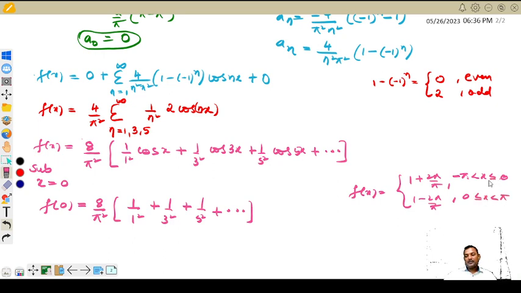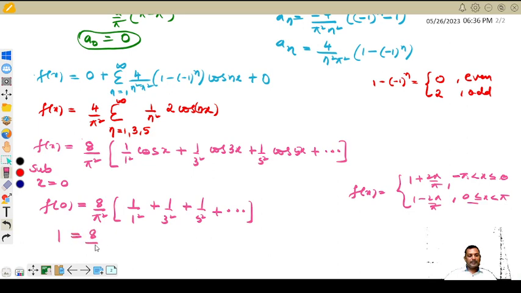So look at when x equal to 0, both conditions are valid, since the first condition is also valid and the second is also valid. You can take any one of these and substitute x equal to 0. You will get 1 only.